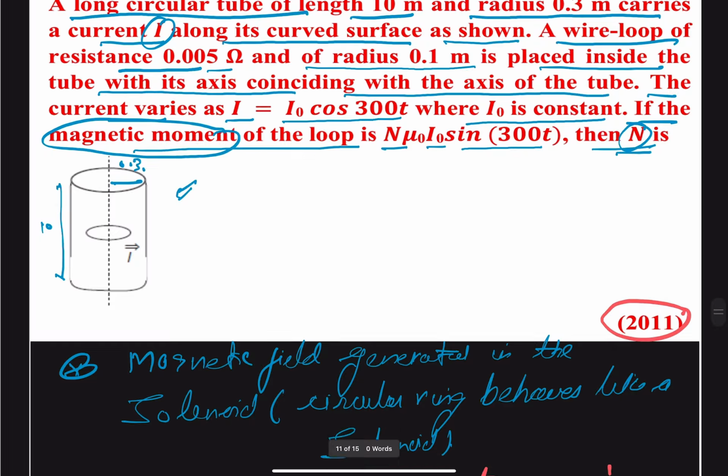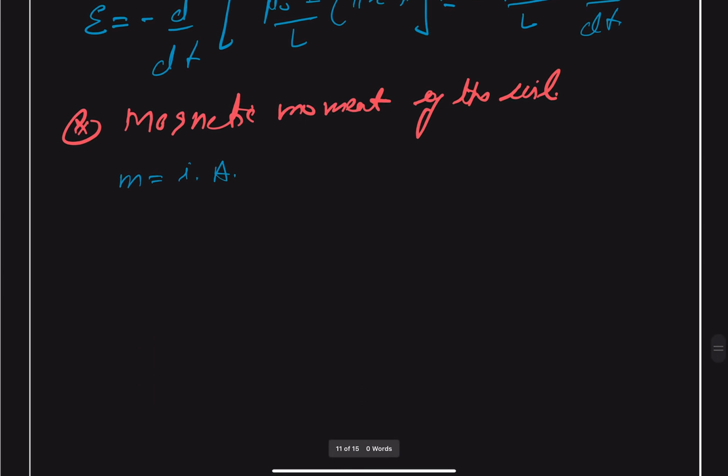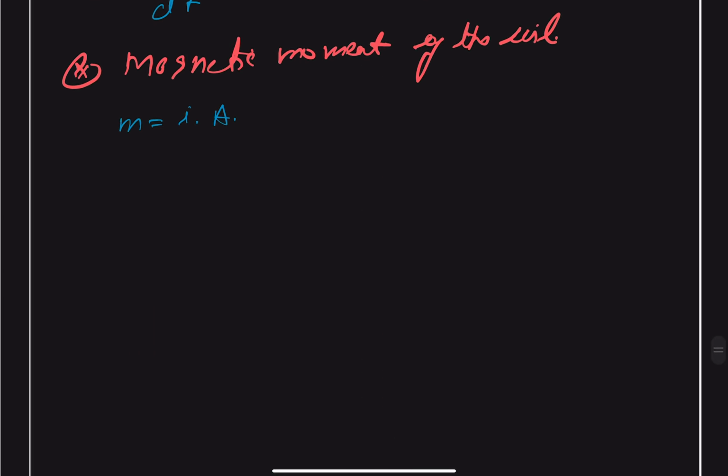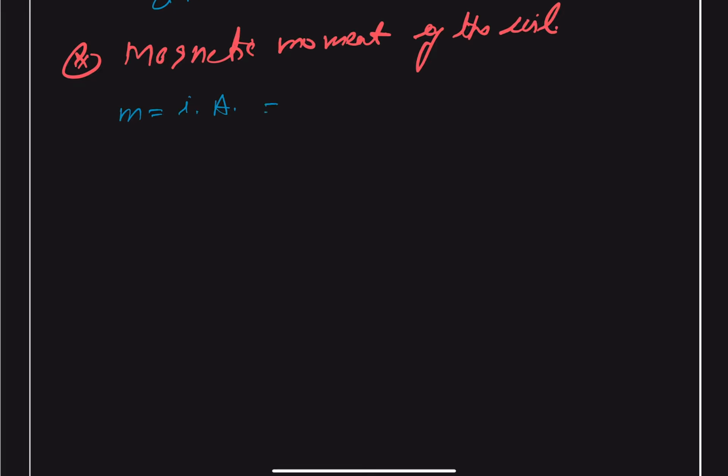This gives us that m is equal to minus mu naught pi r square divided by L times R, di upon dt, and times pi r square.